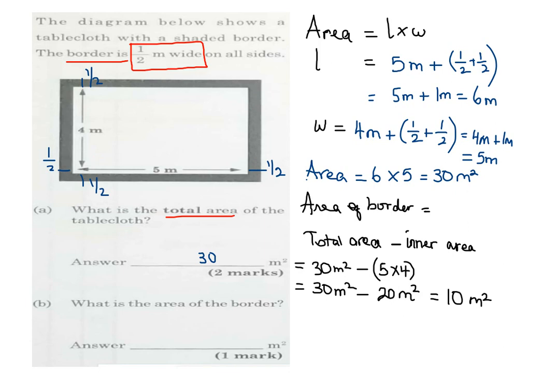But you can, in fact, treat it as a compound shape, where you would have to find the areas of the rectangles like this, where you would have to split up the shape.